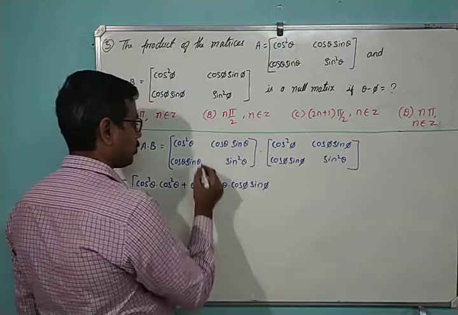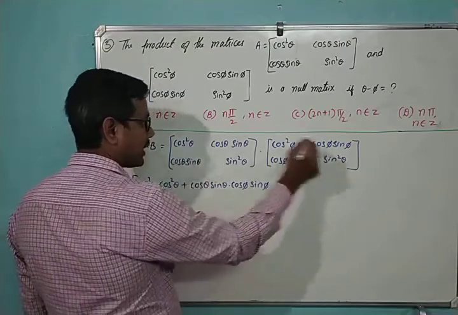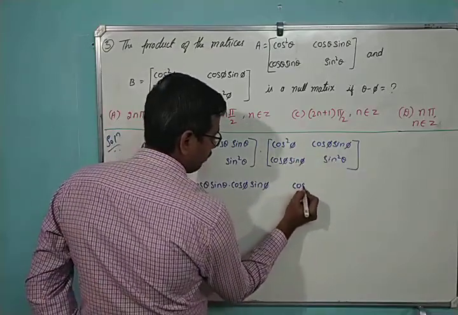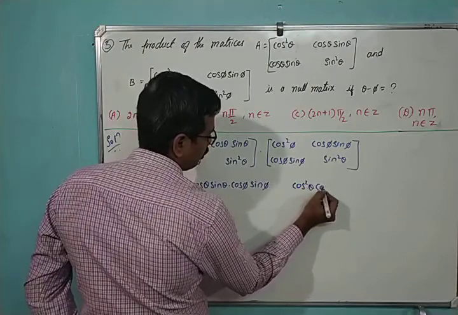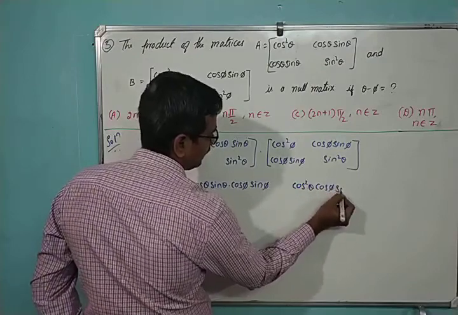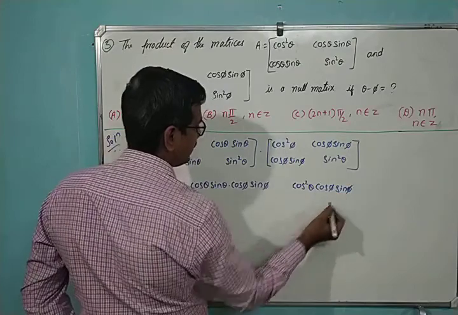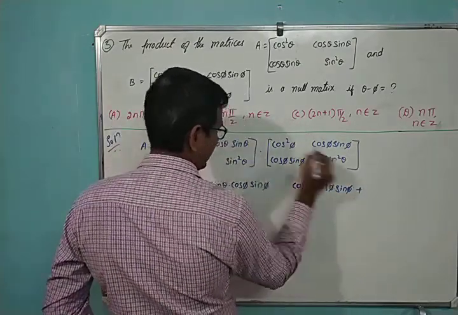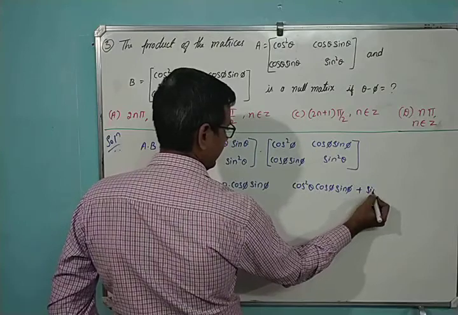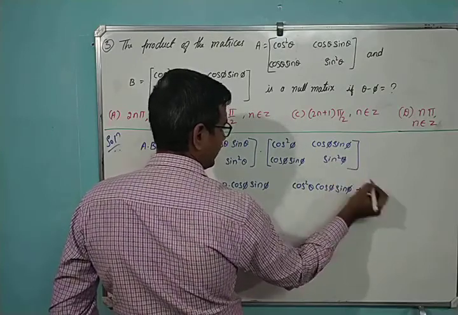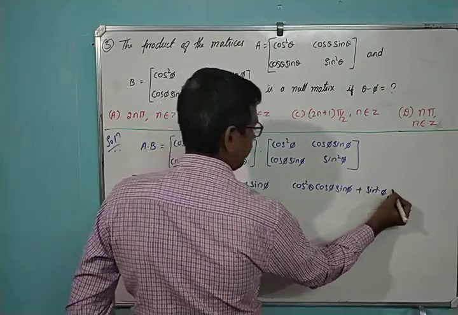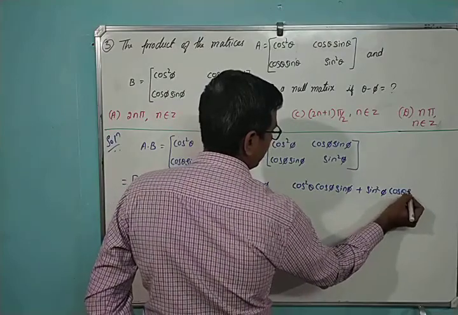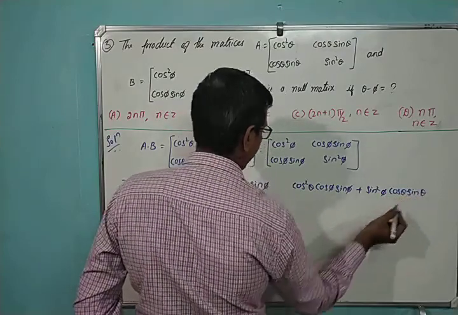Right. So what will be the second one? Cos^2 theta into cos phi sin phi, plus this into this, I can write sin^2 phi into cos theta sin theta.